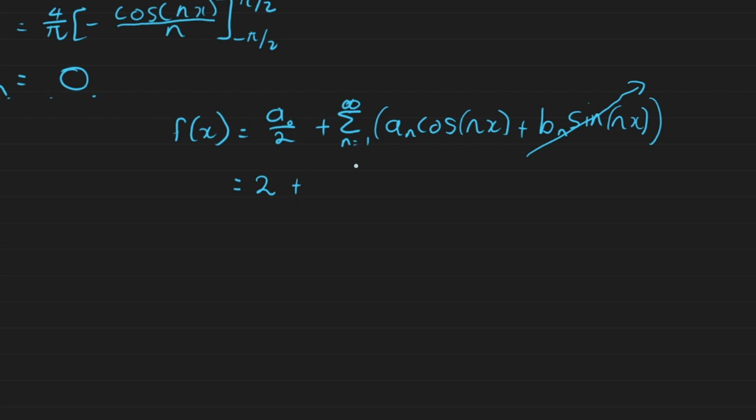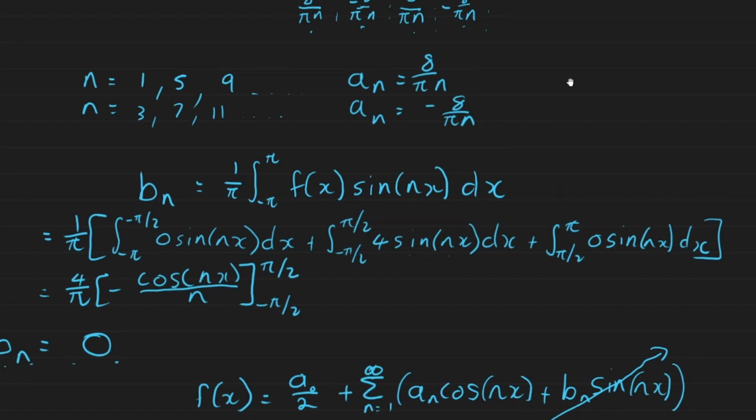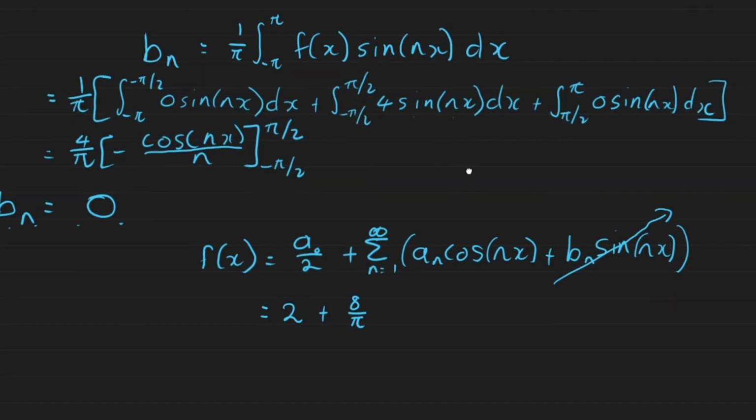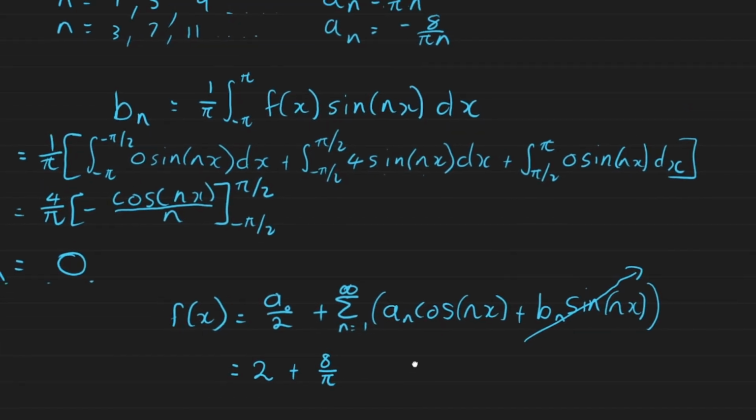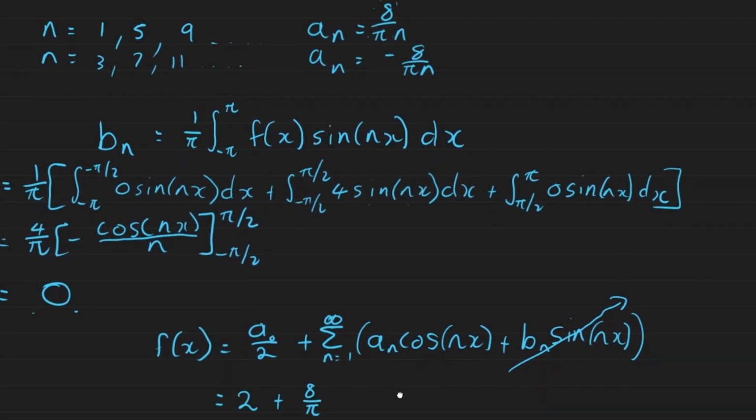that 8 over pi, we can bring it out as a common factor. So this is the 8 pi we're talking about. We'll just bring that out as a common factor. So we have 1 over n. So let's just refer to it on the top here.